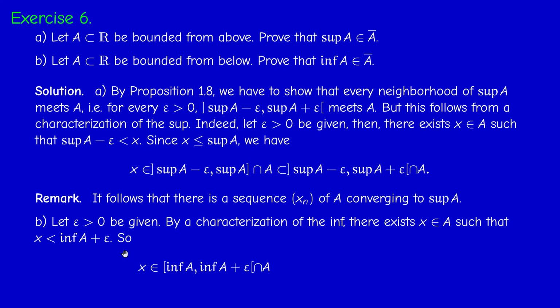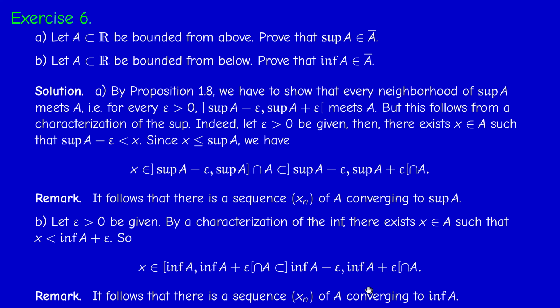Of course x is bigger than or equal to the infimum, and therefore x is in this semi-open interval, which is contained in the bigger interval inf A minus epsilon, inf A plus epsilon. So the intersection is not empty, no matter how small epsilon is. Once again, it follows that there is a sequence xn in A converging to the infimum. A very important fundamental fact in analysis.